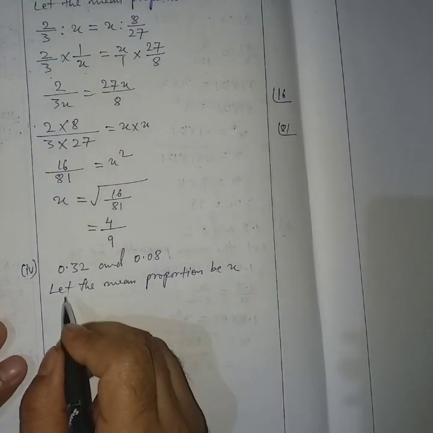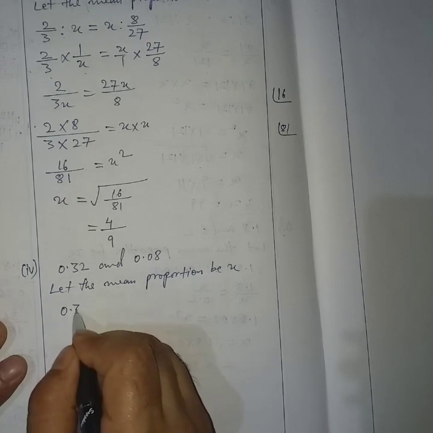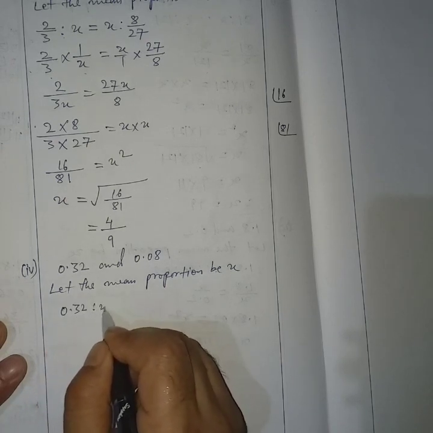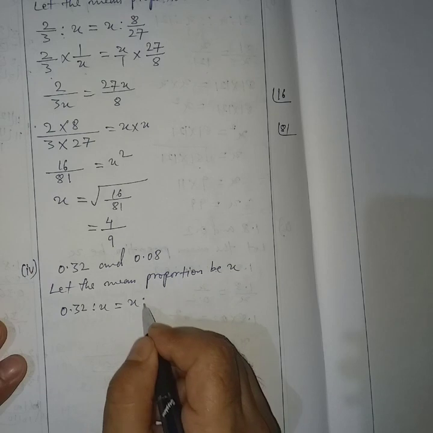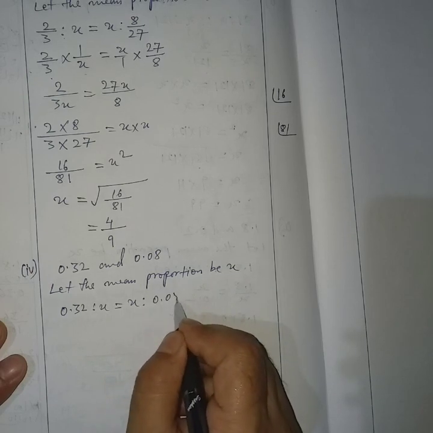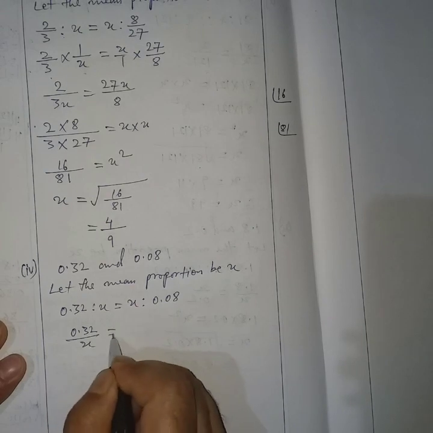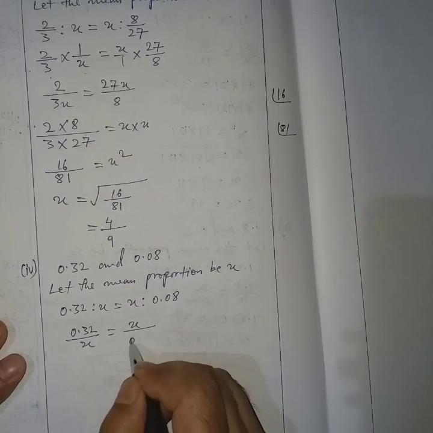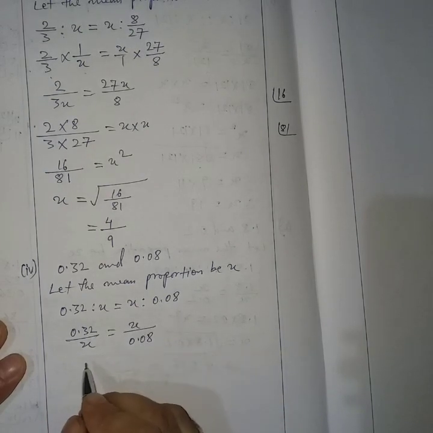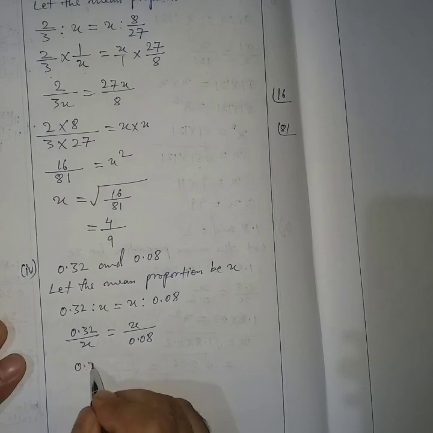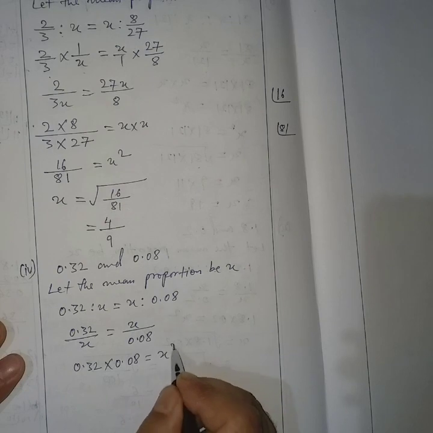Now if they are in proportion, we can write 0.32 is to x is equals to x is to 0.08, and 0.32 divided by x is equals to x divided by 0.08. So here also 0.32 into 0.08 is equals to x square.